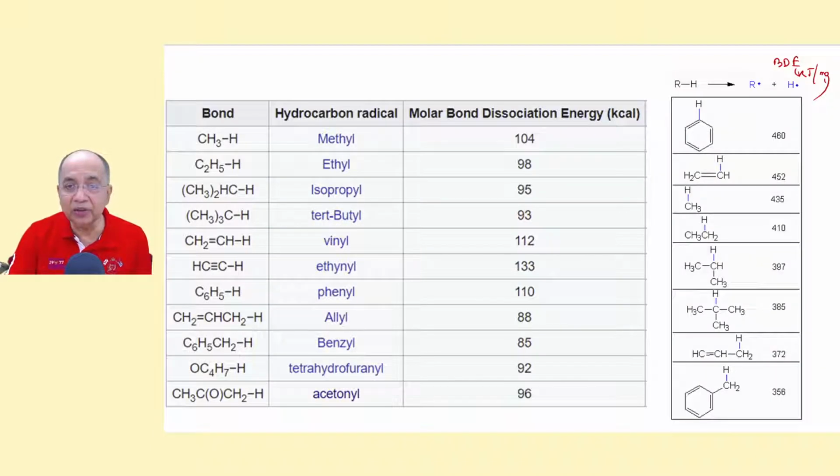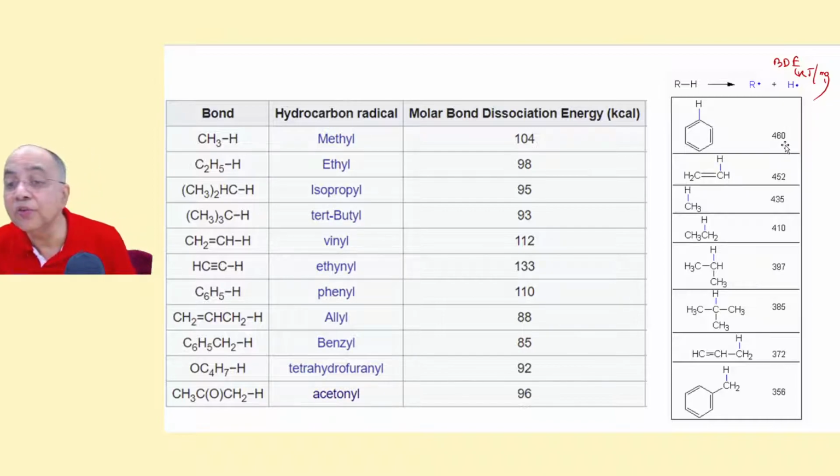Do you know that you have also another data here, another source, in terms of kilojoules per mole. Vinyl is 452 and phenyl is 460, which is greater.